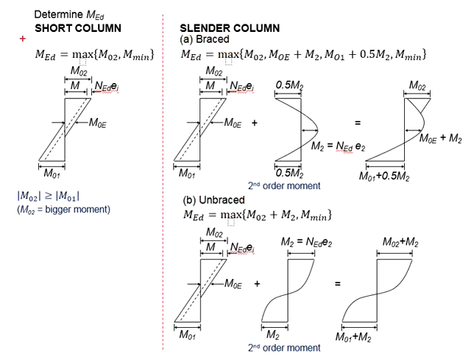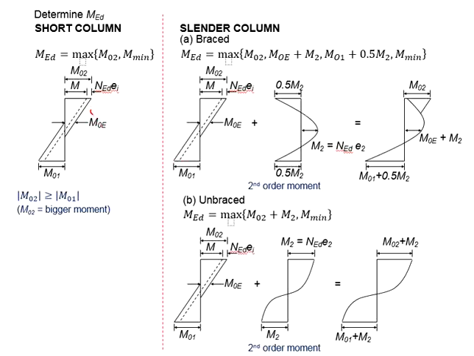You can do the same for the short column, where you get the M02, M01 and M0E. But you know that this is not likely to be the most critical one, even though you calculate this. At the end of the day, the calculated MED shall not be governed by the M0E.